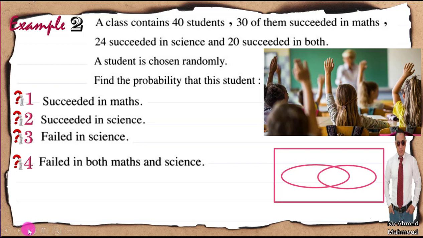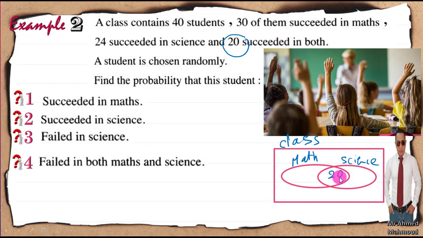Now I have three values: math, science, and total. This is the class. This is succeed in math, and this is succeed in science. Now the number who succeeded in both, math and science at the same time, is 20. The number who succeeded in math is 30.